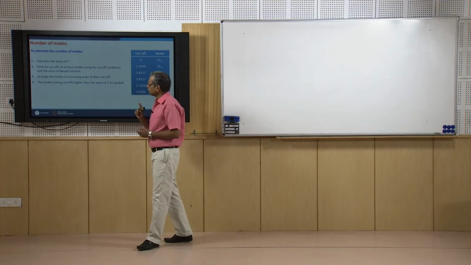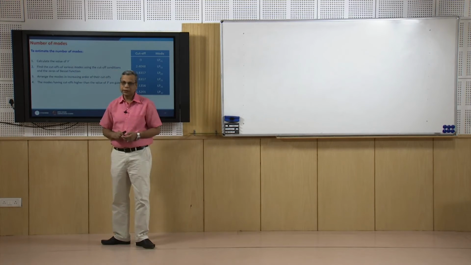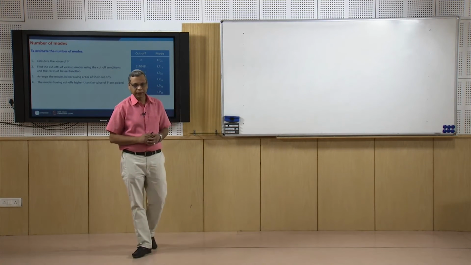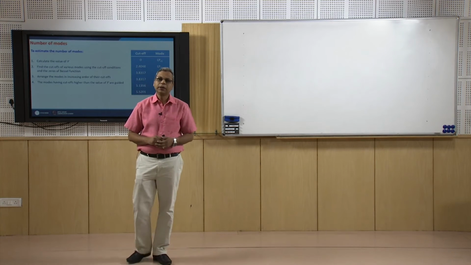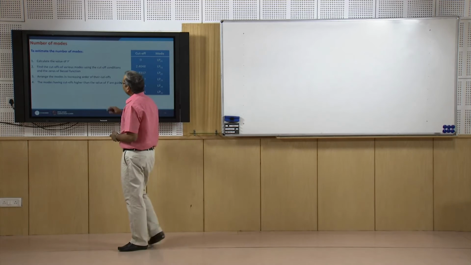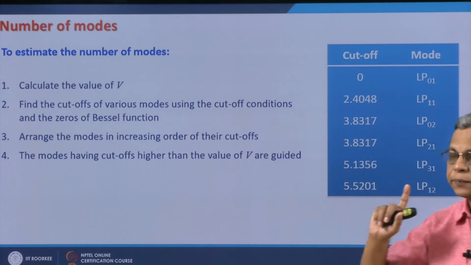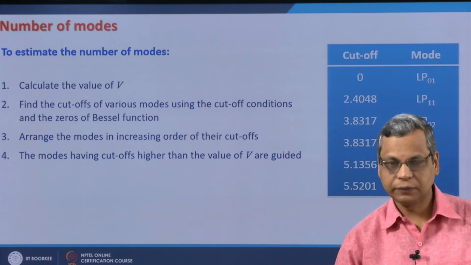So, the first step is the same. You first calculate the value of V. So, if you are given a fiber and the wavelength, first you calculate the value of V, then you find out the cutoffs of various modes using the cutoff conditions and the zeros of Bessel functions.